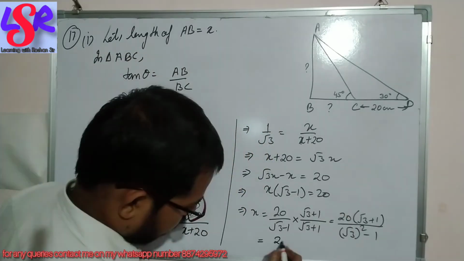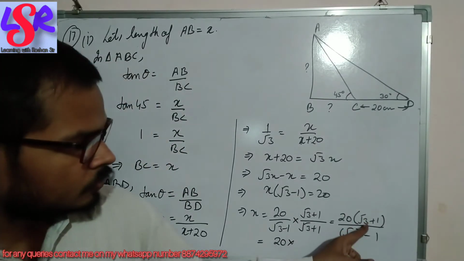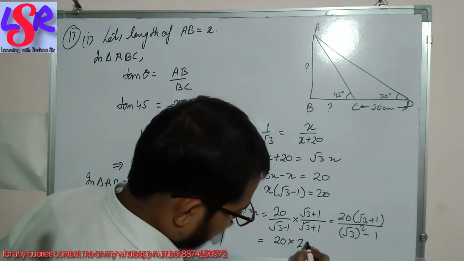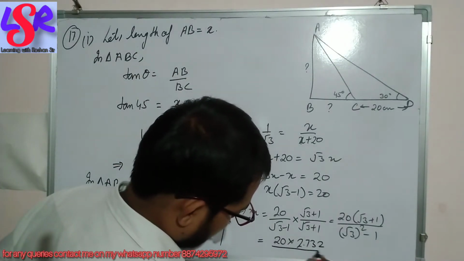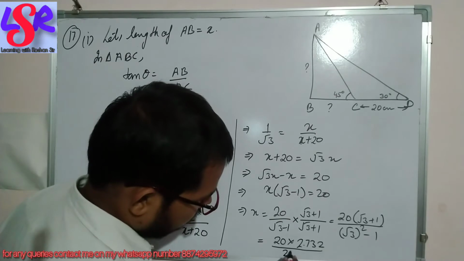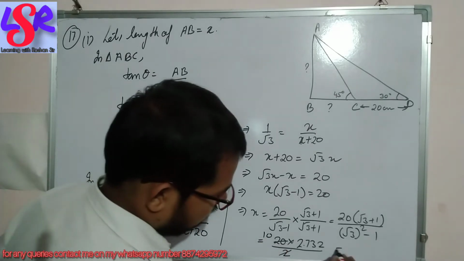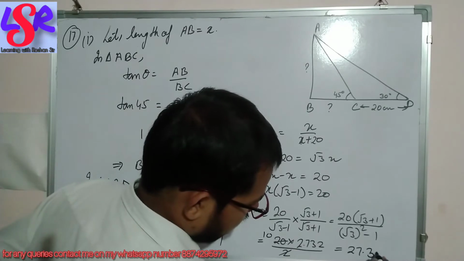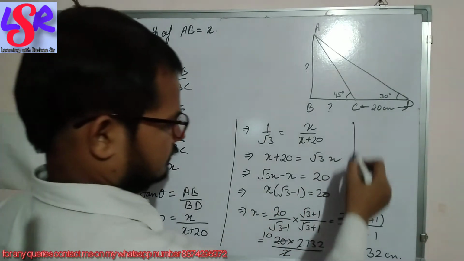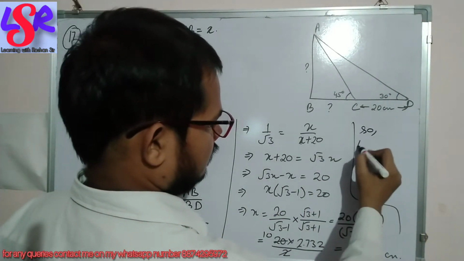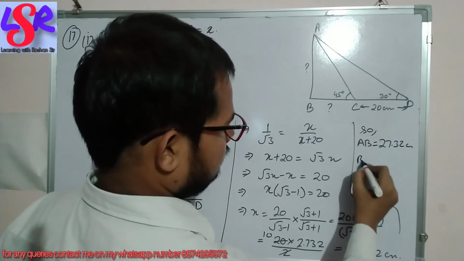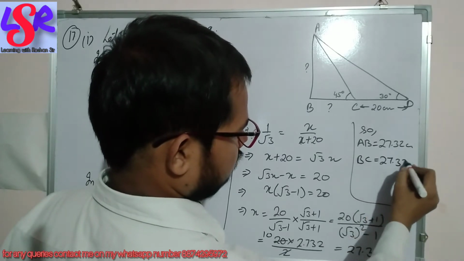Here 20 into √3 plus 1, that is 1.732 plus 1, that is 2.732, upon 3 minus 1, that is 2. We cancel this with 2, it becomes 10, and this will be equal to 27.32 centimeter. And this same value will be for both AB and BC. So AB equals to 27.32 centimeter and BC also equals to 27.32 centimeter.